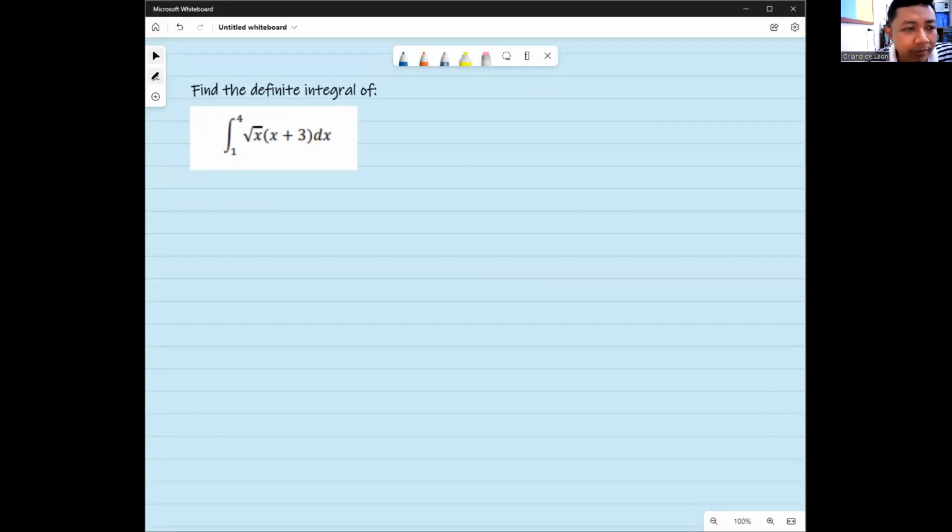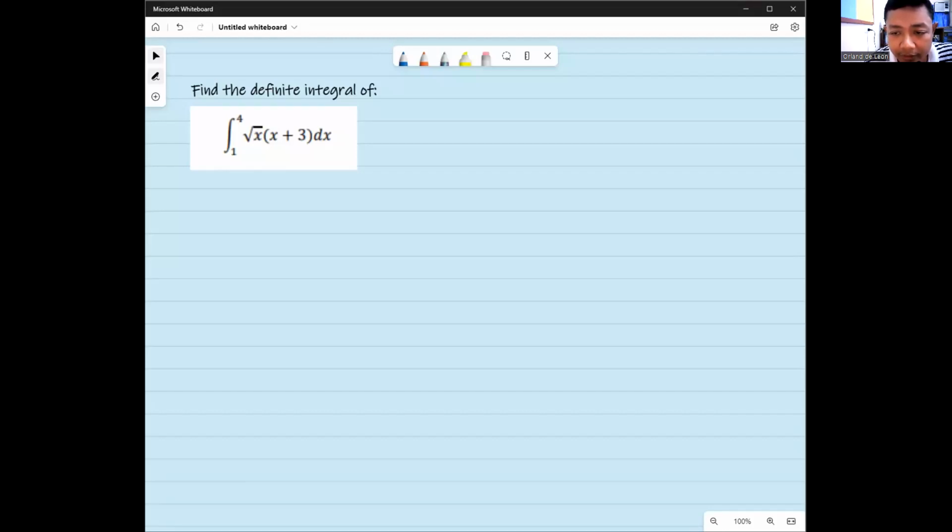We have here the integral of the square root of x times x plus 3 dx bounded from 1 to 4. Ready?